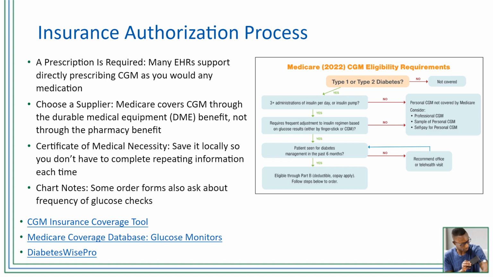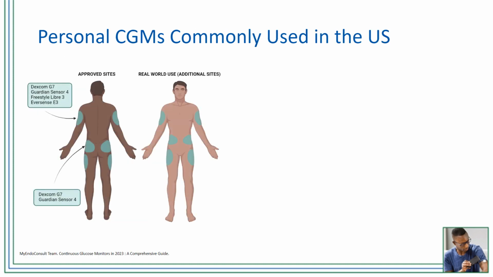So there are the approved sites for the CGM devices: for Dexcom G7, Guardian Sensor 4, Freestyle Libre, and Eversense, the back of the arms. Dexcom G7 and Guardian Sensor 4 can also be used on the back of the buttocks and thighs. In the real world, we are seeing that patients are also using their abdomen, the front part of their thighs, and the front of their arms.